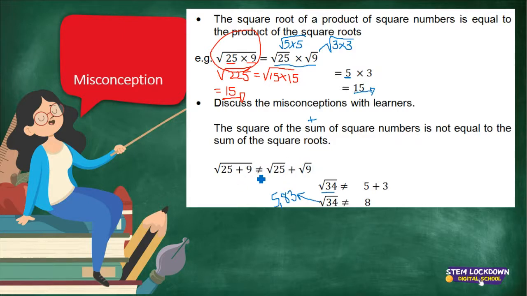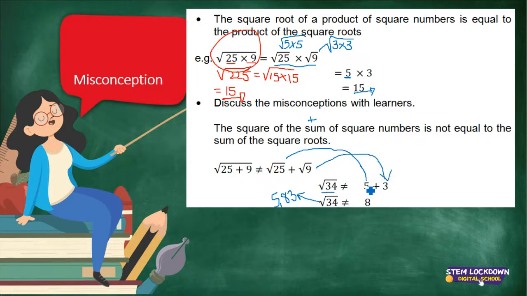Now notice it is not equal to the square root of each individual number below the square root sign. For example, what is the square root of 25? Obviously, you've done it here. The square root of 25 is 5. What's the square root of 9? The square root of 9 is 3.